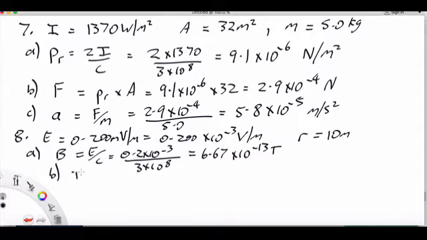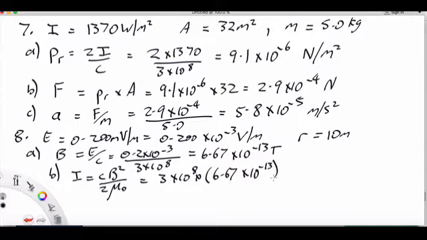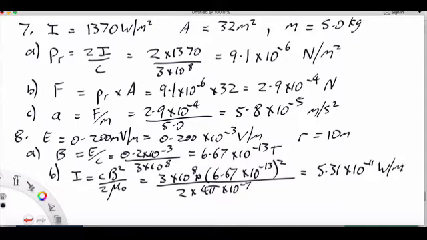Then we have intensity. Since we've got magnetic field here, we'll use that it is c B squared over 2 mu naught, which is 3 by 10 to the 8 times 6.67 by 10 to the minus 13 squared over 2 by 4 pi by 10 to the minus 7, and that gives us 5.31 by 10 to the minus 11 watts per square meter.